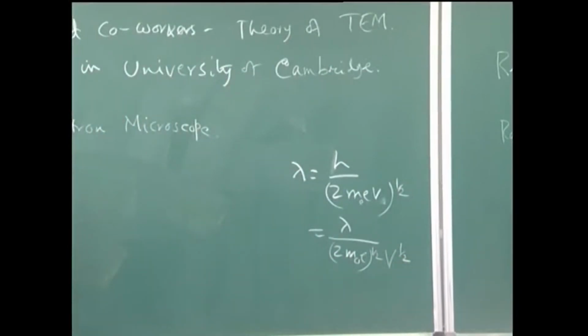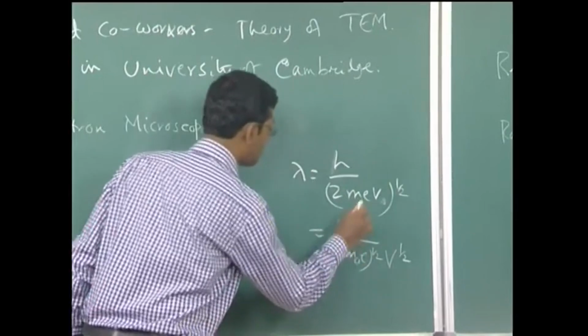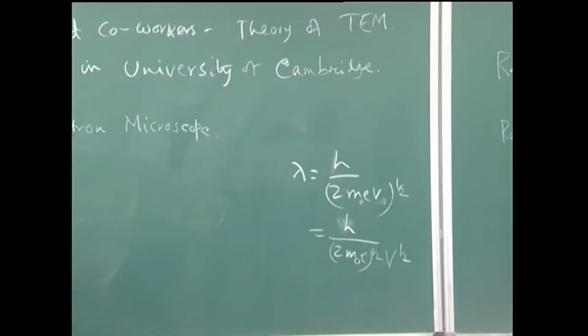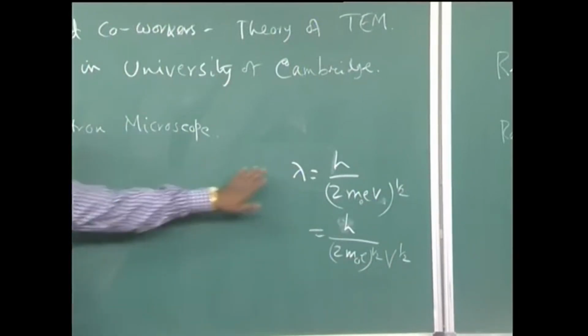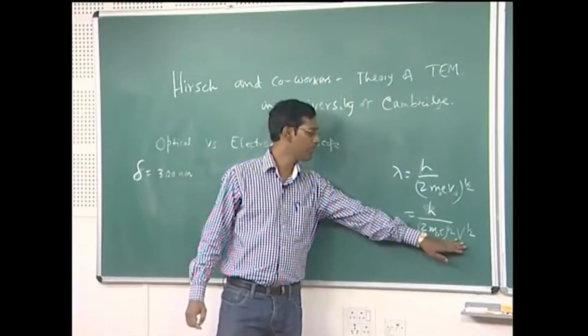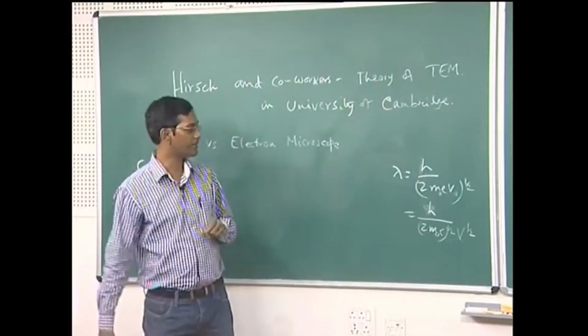So the wavelength of the electron is a strong function of the voltage by which it is accelerated.